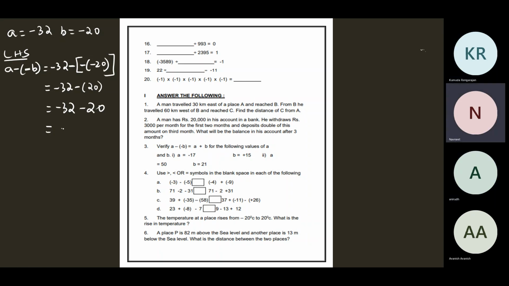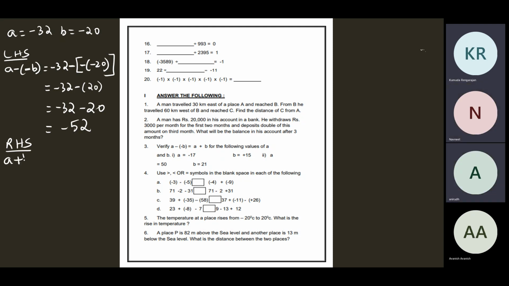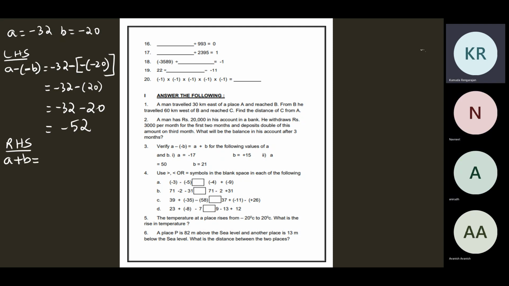Now how will the RHS work? Listen to me. Write the RHS first. What is the RHS? A plus B. This is the RHS. A plus B is equal to A plus B, which is A, what? Minus 32. It is minus, so you can put it in a bracket, no problem. Because it is minus 32, put it in a bracket. Here also you can put a bracket. Minus 32, you can put in a bracket. Next step you remove it.